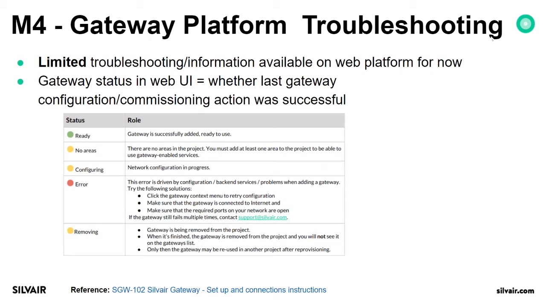For now, in terms of troubleshooting, we have really limited options in the web platform UI. The status in our web platform only indicates very small roles. Green light, of course, means the gateway is successfully added and ready to use.